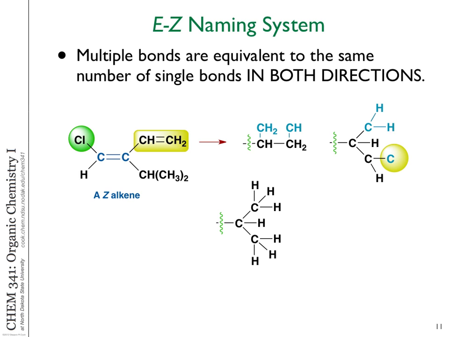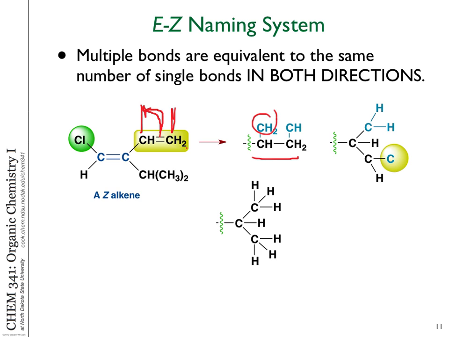So for example, this double bond on the top, imagine, if you will, breaking that double bond, putting one bond here, and putting another bond here, and if you swing the bond up this way, it was attached to a CH2. That's what I've drawn in blue, those are imaginary atoms, not real atoms.